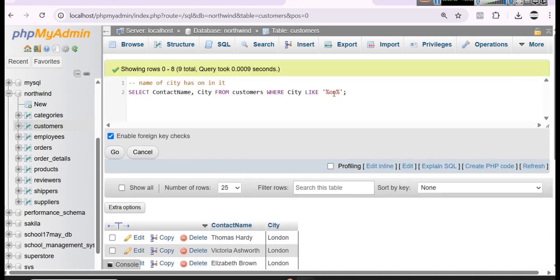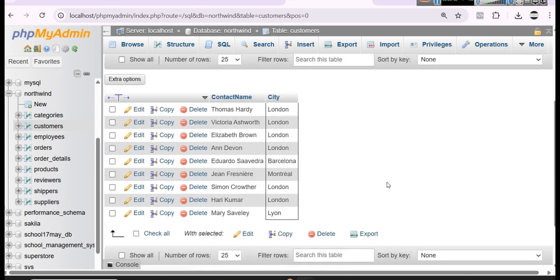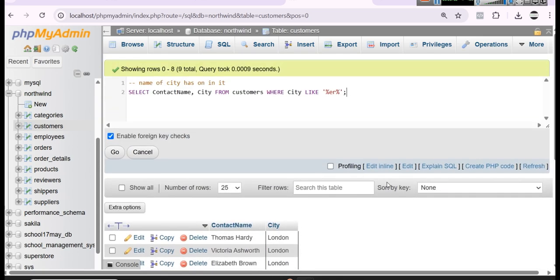Now tell me one thing. If I write ER, is there a possibility of finding a city? And what does this mean? Can you tell me what I have written? Select contact name, city from customer table where city like er.